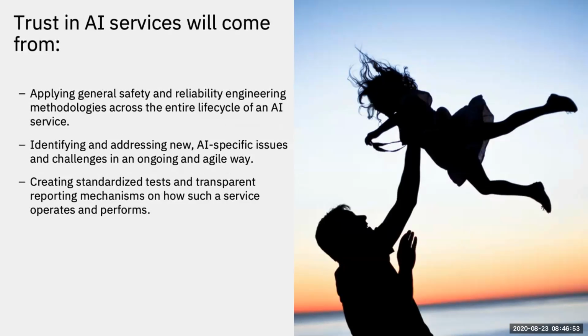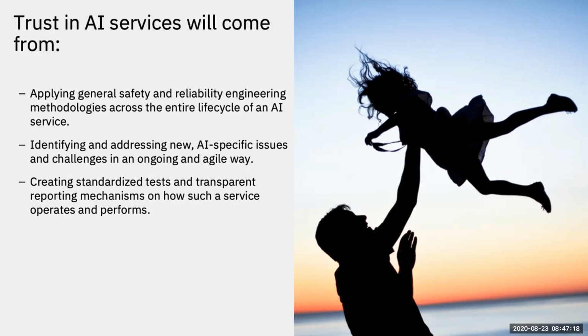As Kenney explained earlier, we want there to be trust in AI services that we use in the healthcare domain. The first way of doing so is applying general safety and reliability engineering methodologies. The second is identifying and addressing new AI-specific issues and challenges, including the explainability and interpretability of models that we've been talking about.